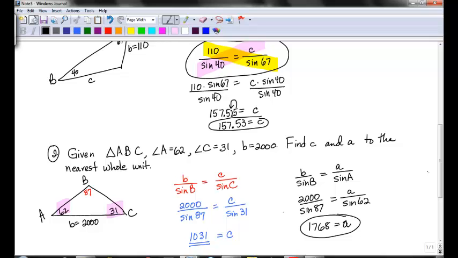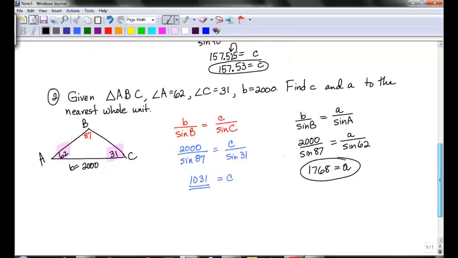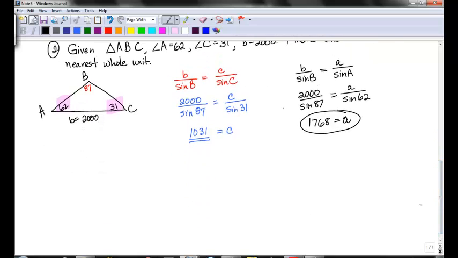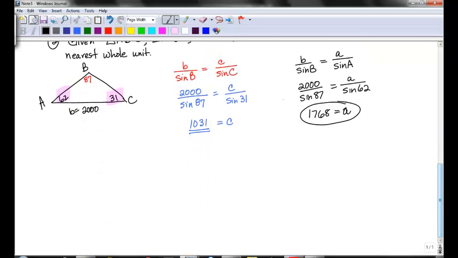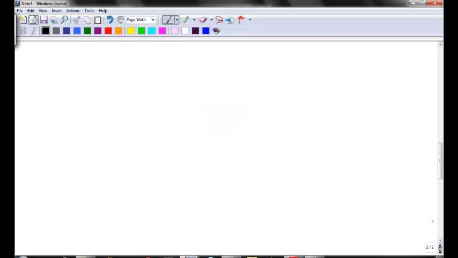There's no right triangle, there's no hypotenuse, and we just use sine. So this is where I show you where the law of sines comes from. I want this in your notes. I'm not going to test you over it, but you ought to know why you can use sine when you don't have a right triangle. We have an oblique triangle. So put this in your notes. This is a proof of the law of sines.